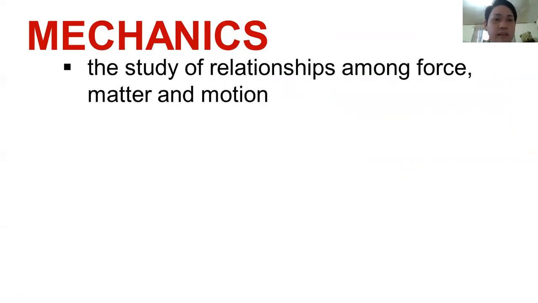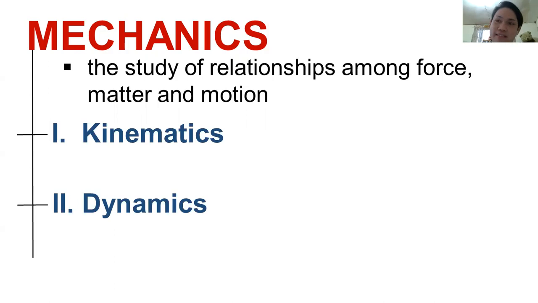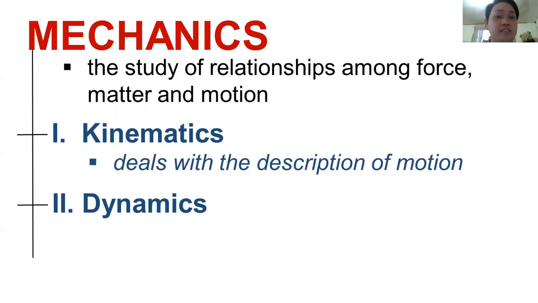We all know that mechanics is the study of relationships among force, matter, and motion. And of course, under mechanics, if you can still remember, we have kinematics, and we also have dynamics. So when we say kinematics, what does it mean? It deals with the description of motion.